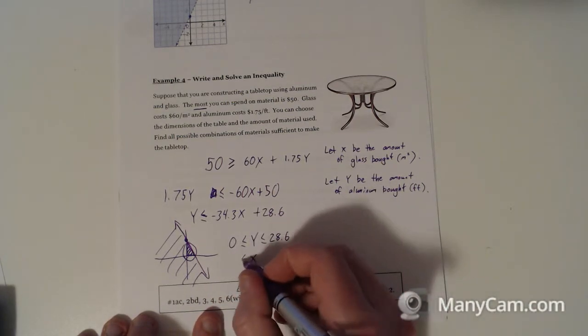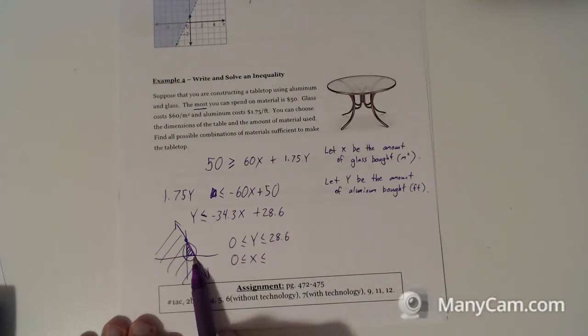And our x values must be between, well, 0 and whatever this point is right down here. I don't know what that point is. I would have to solve it. Yeah, I don't have the solution here.